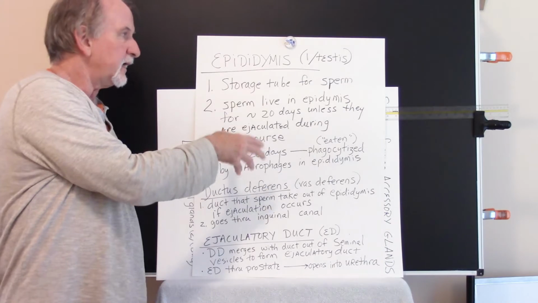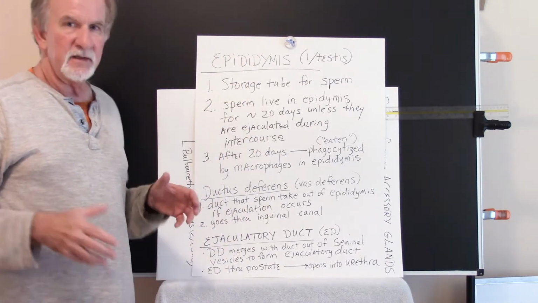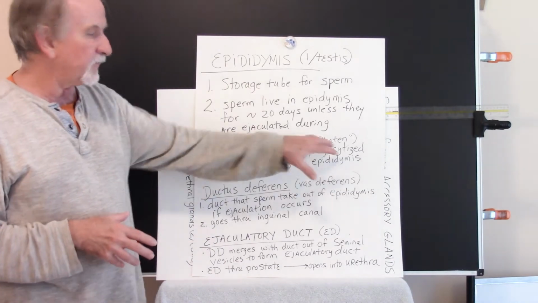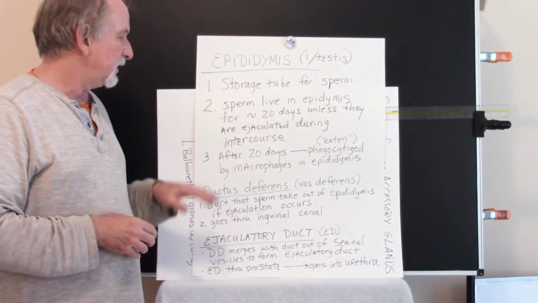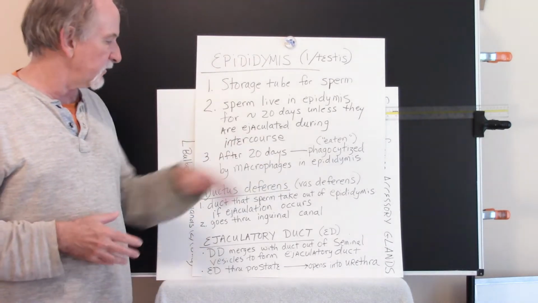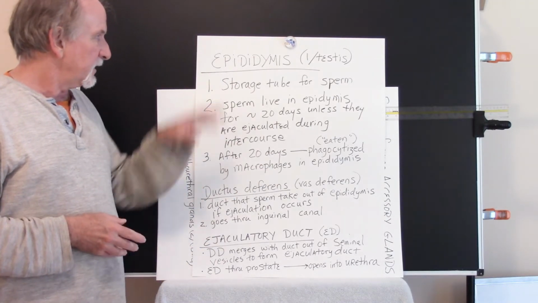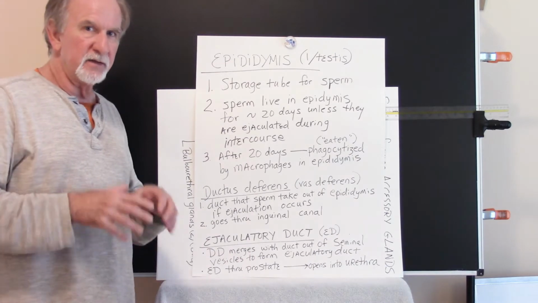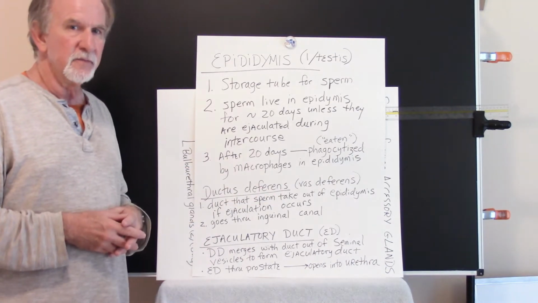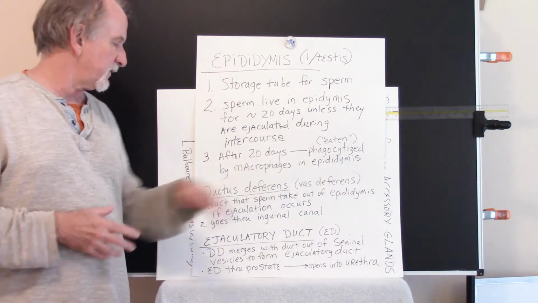After about 20 days in the epididymis, the sperm start to deteriorate, and at that point they are phagocytized or eaten by cells living in the epididymis called macrophages. The epididymis straightens out into a long tube called the ductus deferens, also known as the vas deferens.